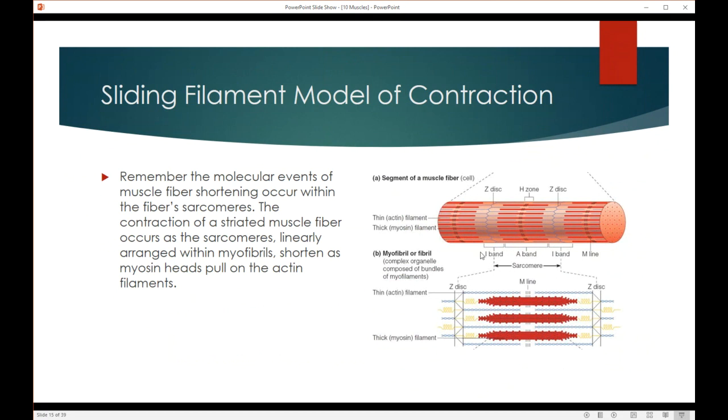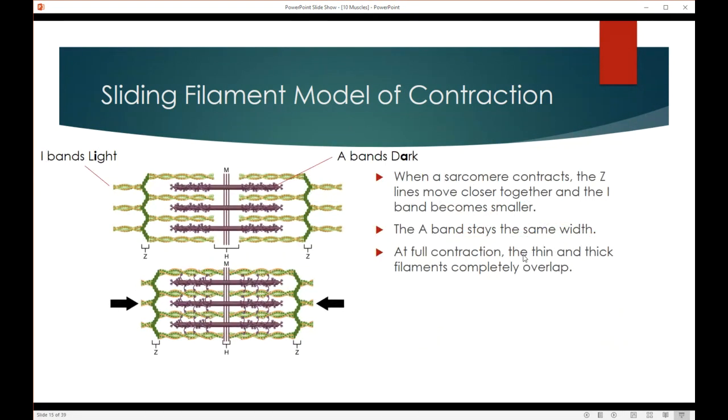Okay, so remember that the muscle fiber shortens along the sarcomere. The sarcomere is that functional band. Okay, and as it shortens, the myosin heads pull on the actin filaments so that we can continue to shorten and contract. Okay, the A bands are the dark ones, the light bands are the I ones.